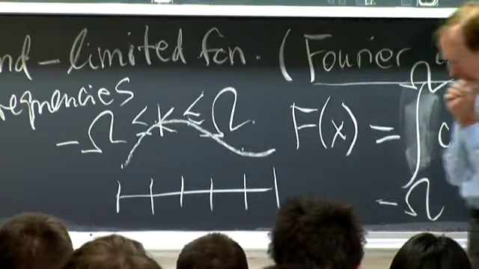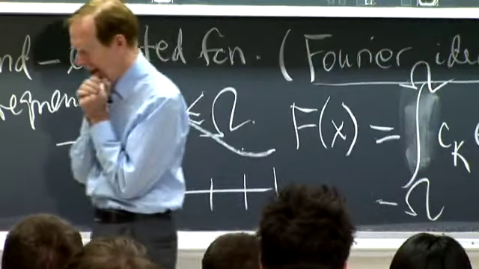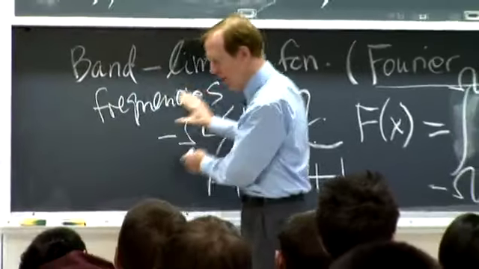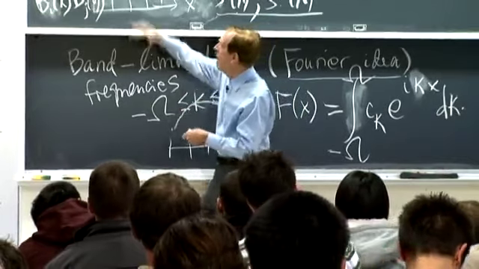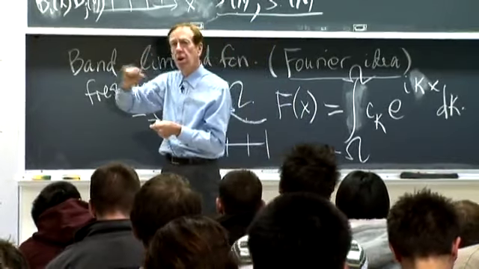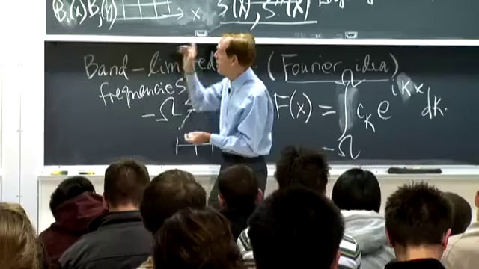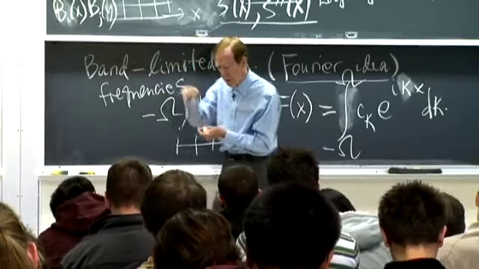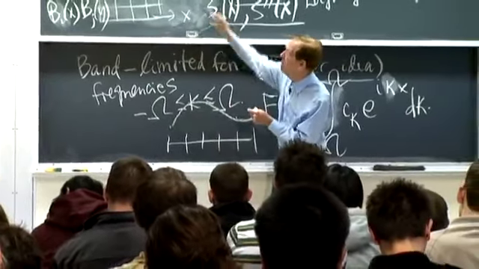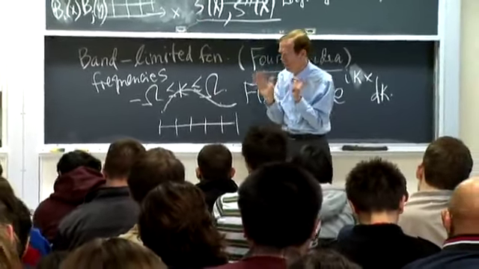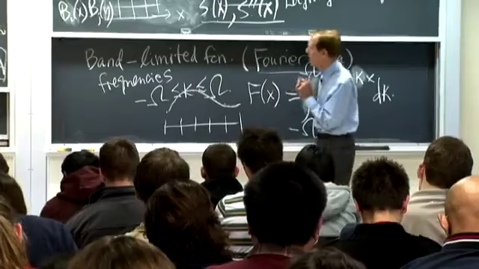In some way, this Shannon band-limited stuff is the limit of splines as the spline degree goes way up. So we did hat functions, degree 1 splines. Cubic splines I recommended as a pretty reliable construction.